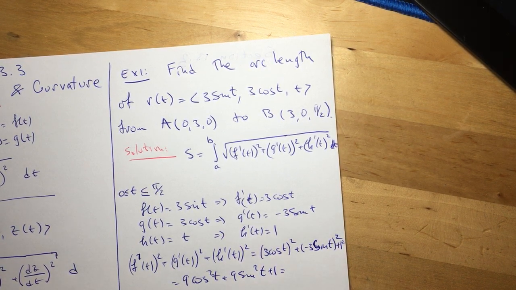I factor 9 out of these two terms and get the standard, most basic trigonometric identity: cosine squared plus sine squared is 1. 9 times 1 is 9. 9 plus 1 is equal to 10.